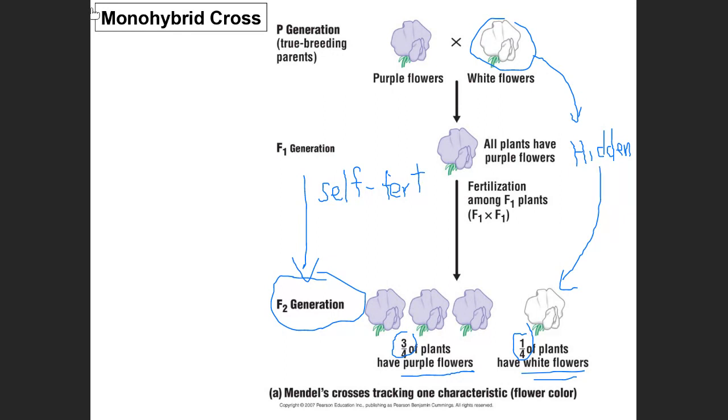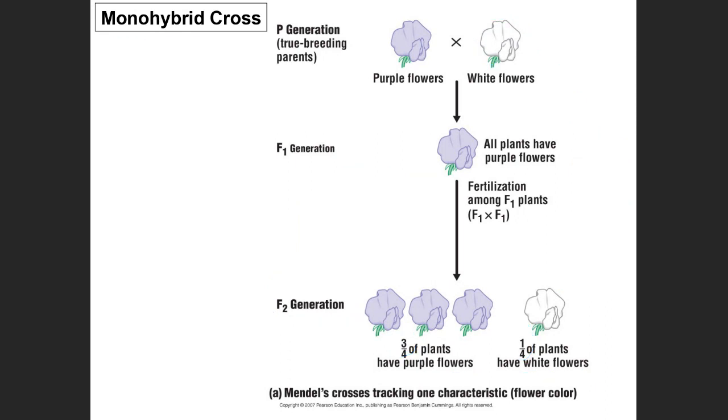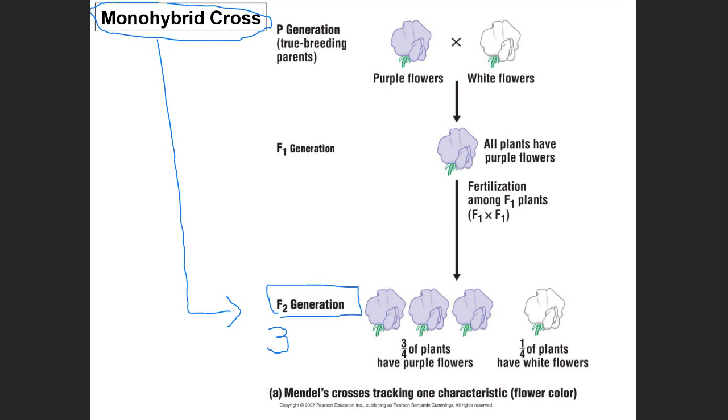So listen carefully. For Mendel's monohybrid crosses, whenever he carried out his monohybrid crosses to the point that he produced an F2 generation, that F2 generation, phenotypically speaking, always resulted in a ratio of 3 to 1.